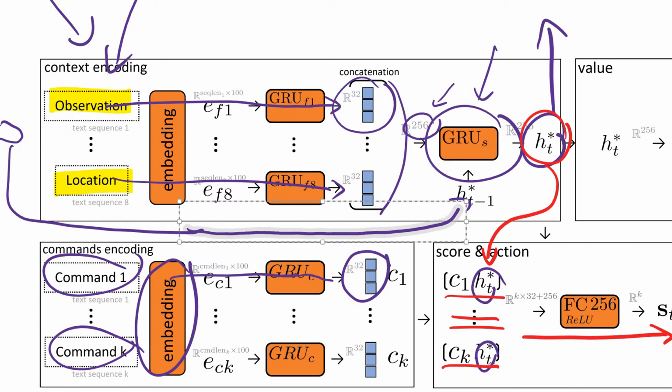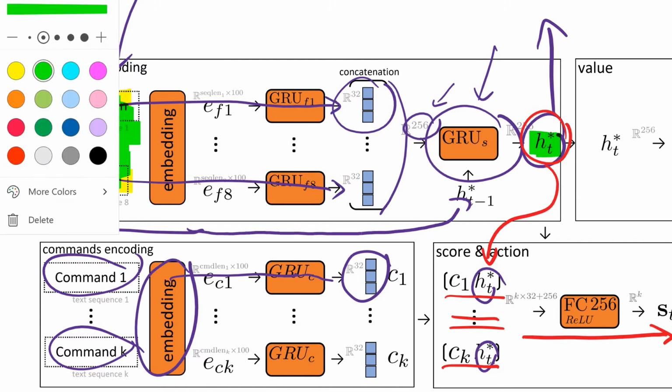What you'll do is take your observations here. This is all observation. It will be encoded and combined with the history in order to give you an encoding of the current state.